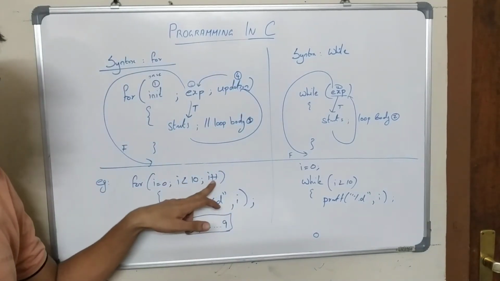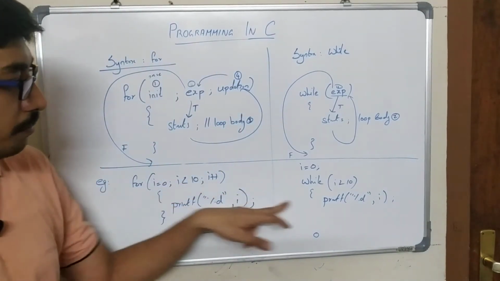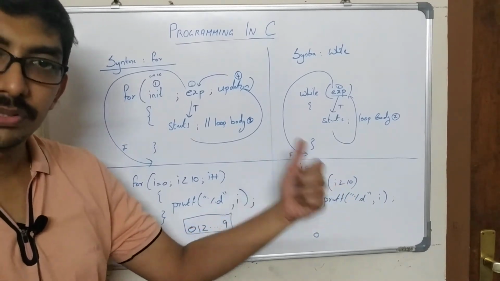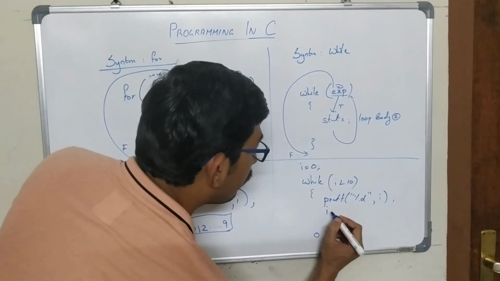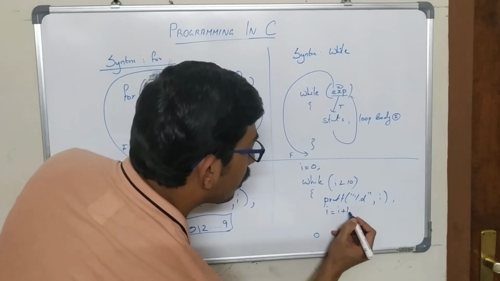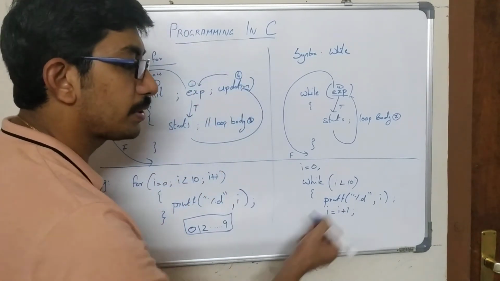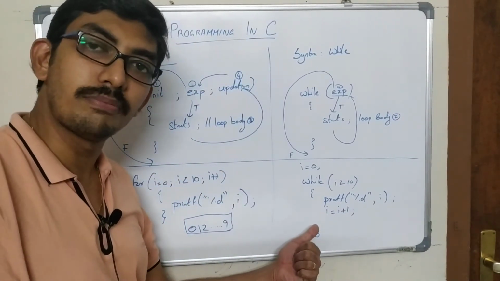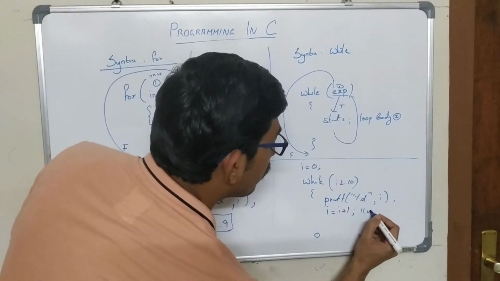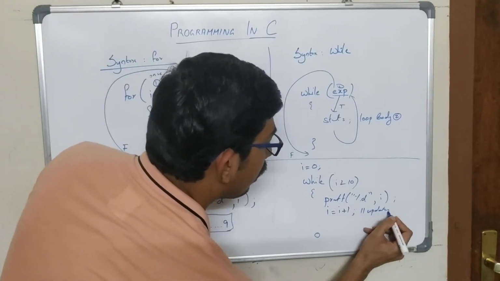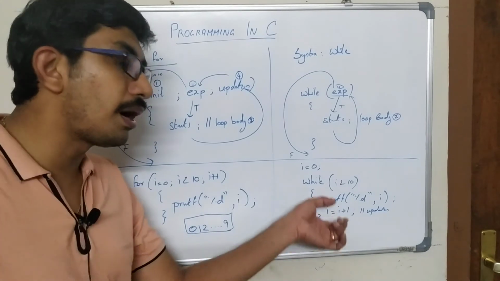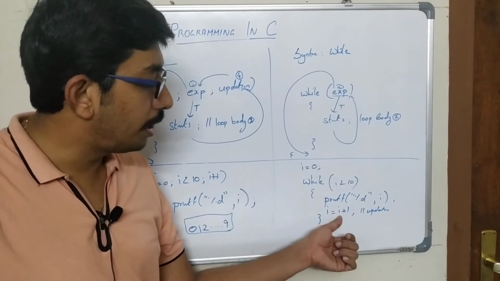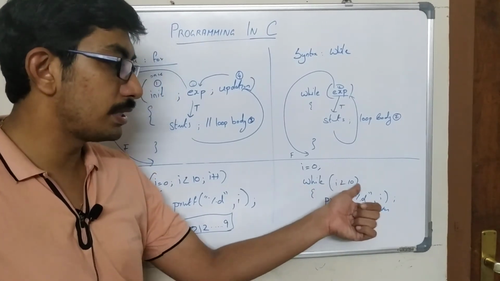Now in the case of the for loop we had an updation, but here there's no updation. So what we can do is state i = i + 1 over here. So along with the loop body you can have the updation. This statement will act as the updation, and it is part of your loop body. So now i has become 1, less than 10.